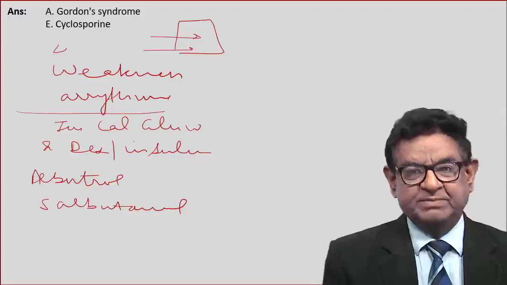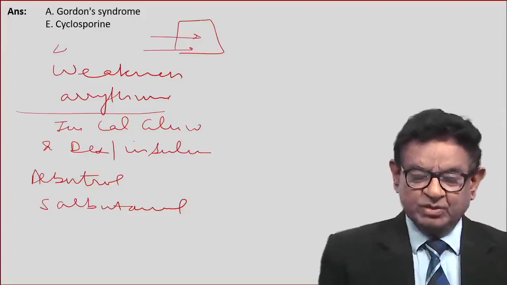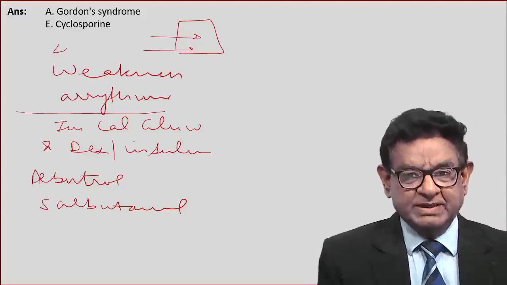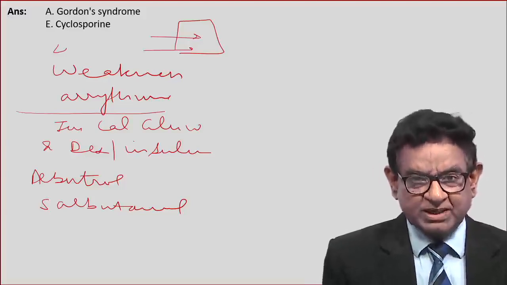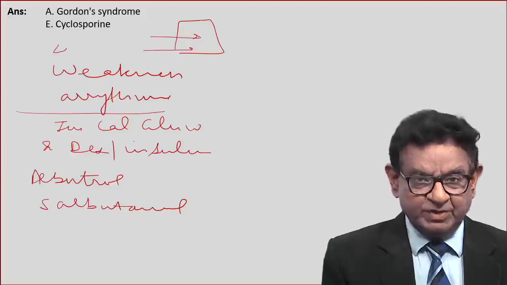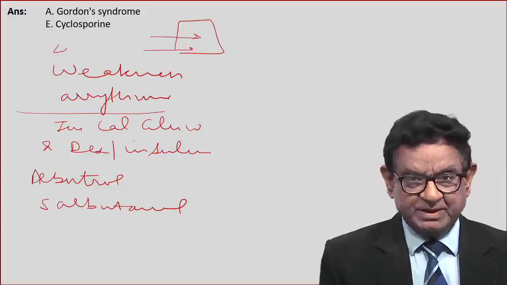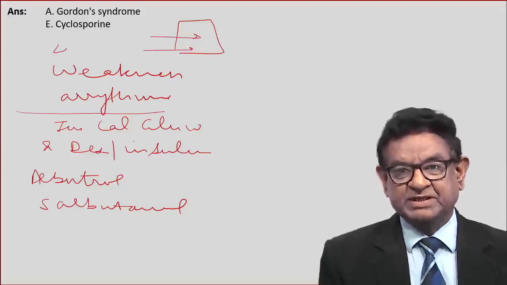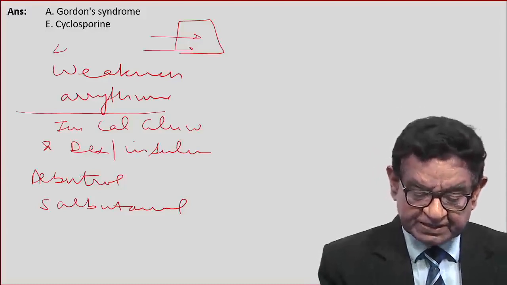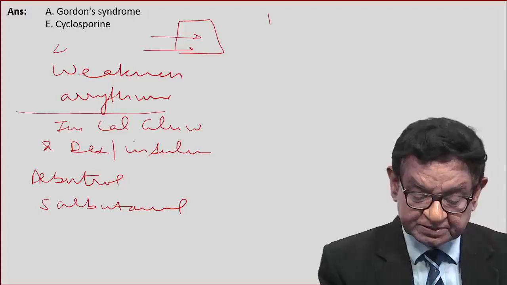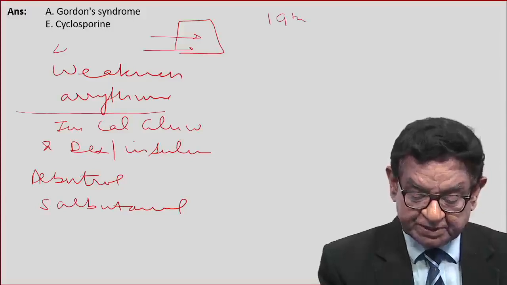Now, one thing I especially like to highlight: injection soda bicarb has no role in the treatment of hyperkalemia. Perhaps many of you will not agree with me, because at times people read low grade guides which give you wrong answers. To verify my statement, read Harrison 19th edition, latest edition, page number 312.